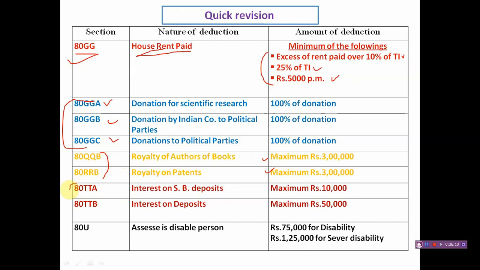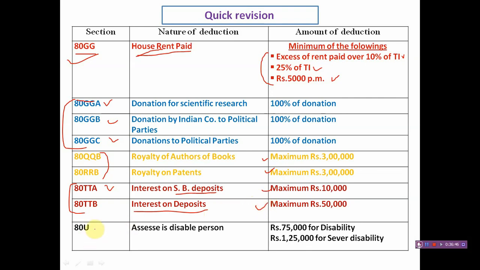And the next two are in respect of interest on bank deposits. 80TTA is interest on SB accounts only, and the maximum amount of deduction is rupees 10,000. 80TTB is applicable to senior citizens only. It is interest on bank deposits, both savings and fixed deposits, and the maximum amount of deduction is rupees 50,000.